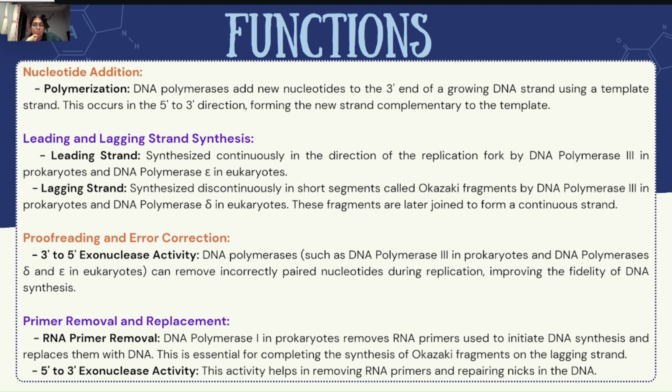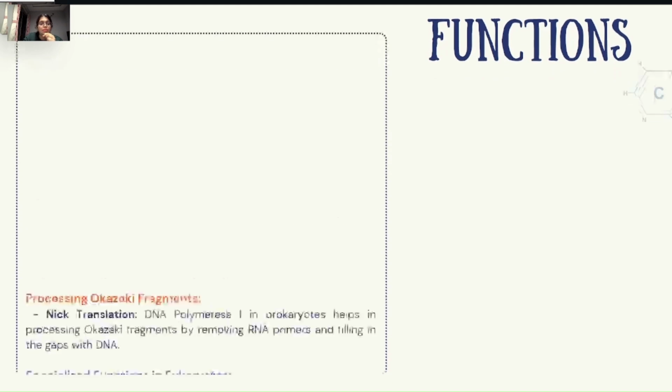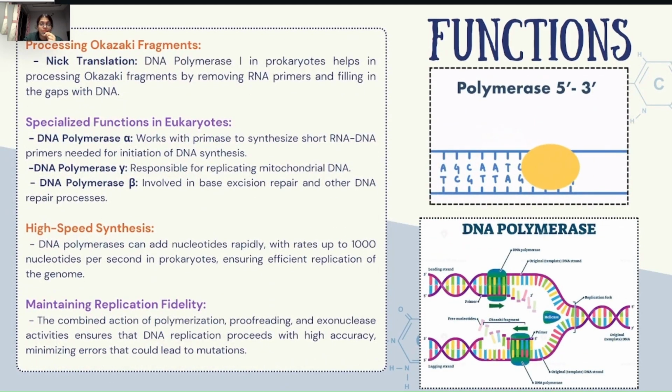Then it has the proofreading and error correction property, which is the 3' to 5' exonuclease activity that removes incorrectly paired nucleotides. Then we have primer removal and replacement, which in prokaryotes is done by DNA polymerase 1, where the RNA primers are removed and replaced with DNA. Then we also have the processing of the Okazaki fragments.